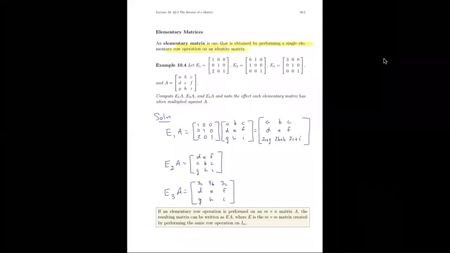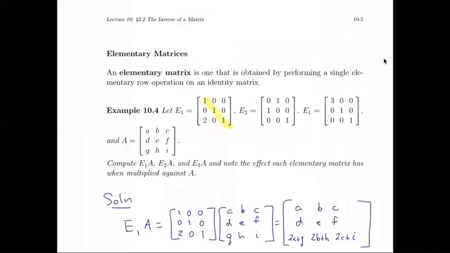So an elementary matrix is one that is obtained by performing a single elementary row operation on an identity matrix. We'll typically talk about elementary matrices in this section as matrices capital E with some kind of subscript, because we'll typically have a series of these matrices multiplied together against a matrix A. For now, we're just going to consider what happens with a single elementary matrix times A. An elementary matrix is obtained by taking the identity matrix with ones on the diagonal and zeros elsewhere, and then performing a single row operation.